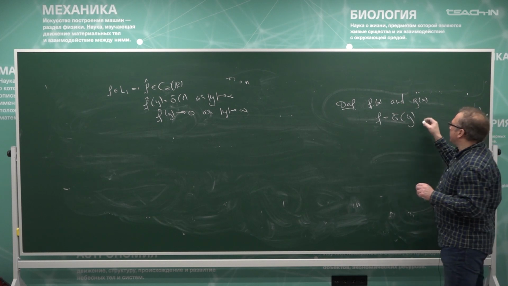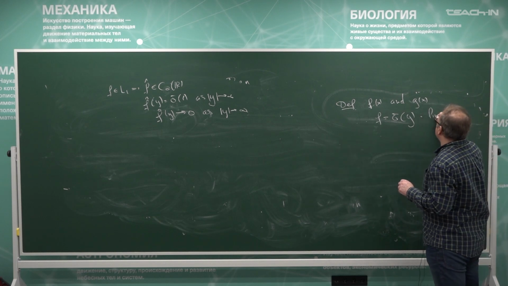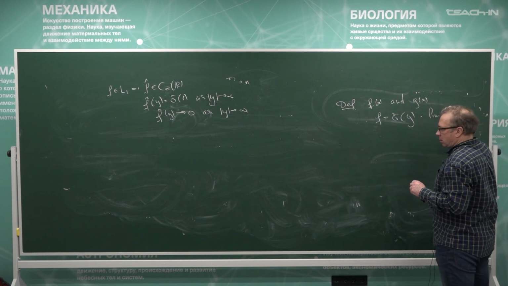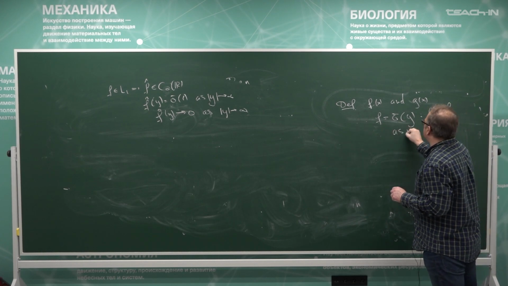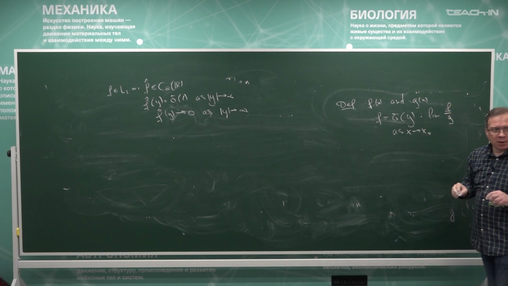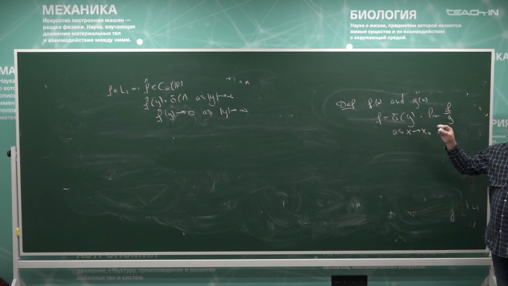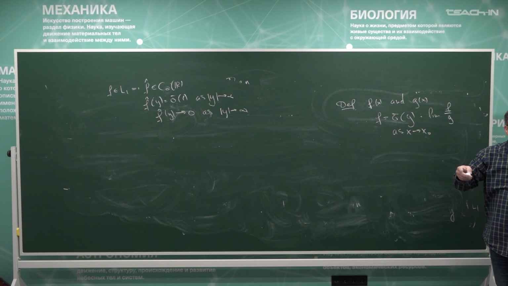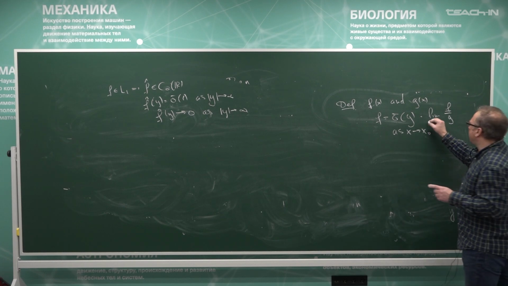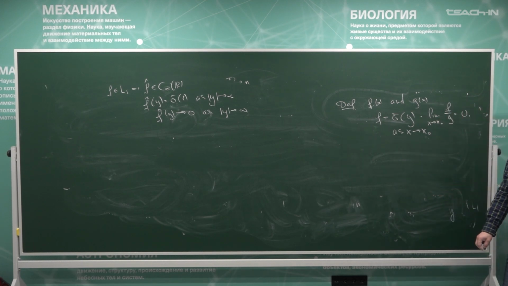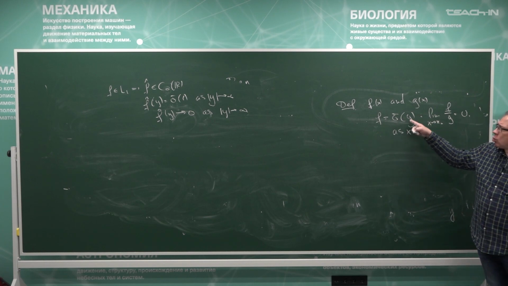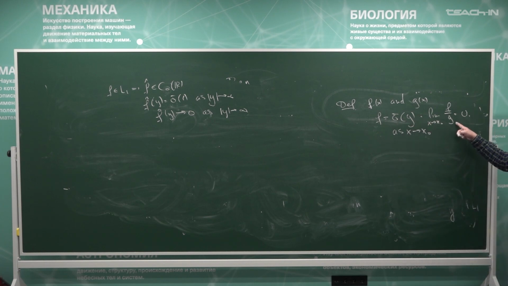O small means that the limit of f over g as x tends to x0, where x0 may be a finite point or infinite, equals 0. F equals O small of g if this holds.